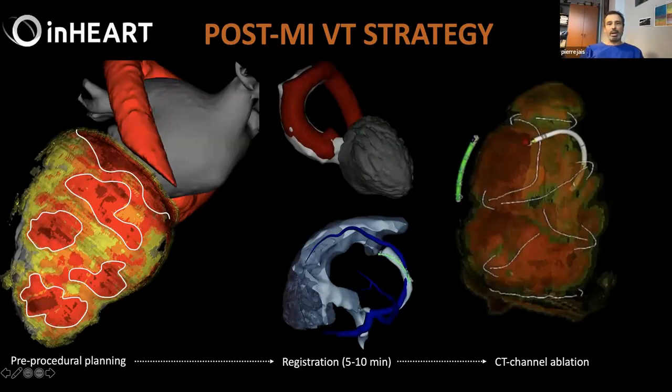This seems quite characteristic. Yeah, exactly. That's the area Hubert is pointing out now. And when you have a very abrupt transition between the dense scar and the healthy myocardium, you don't see those arrhythmias. So that's also one of the benefits of using images.